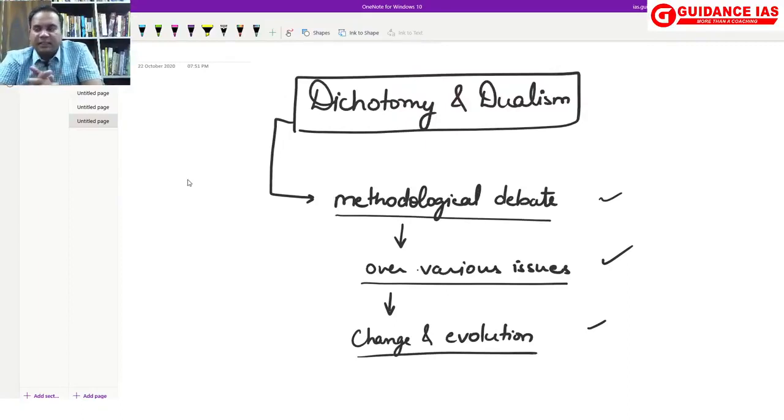So what we said is that such a debate is a healthy sign of the development of a discipline. If there is no debate taking place, then what will happen? It is very obvious. You can understand this is applicable even to society.